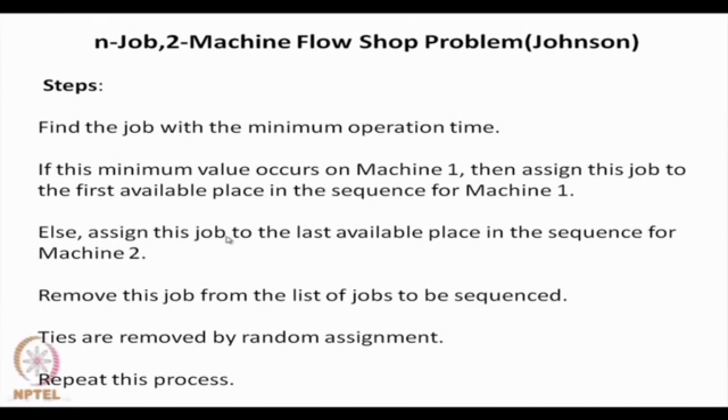Else assign this job to the last available place in the sequence for machine 2. Once assigned, remove this job from the list of jobs to be sequenced. Ties are broken by random assignment. Repeat this process.